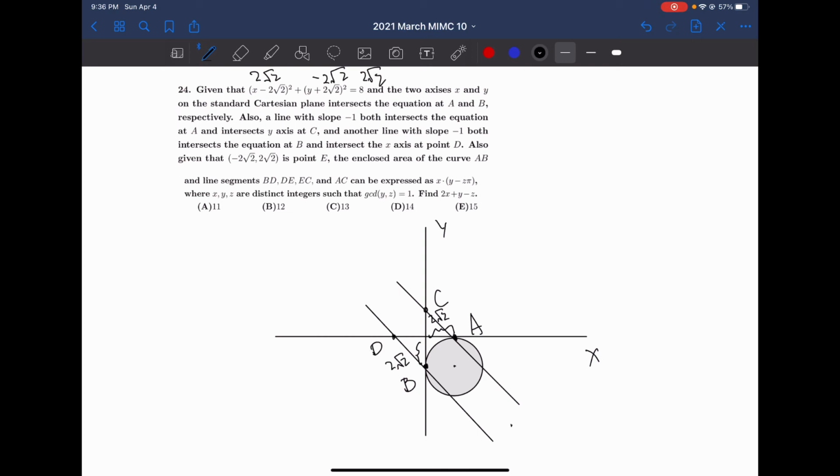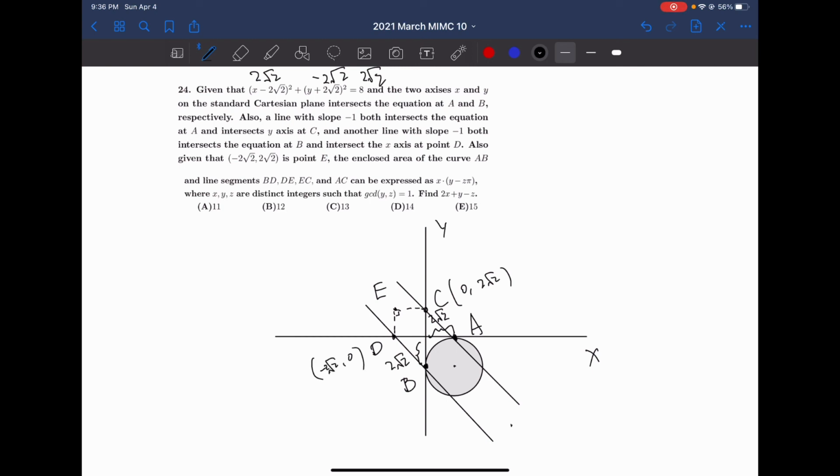So that's point D. And now, given that (-2√2, 2√2) is point E, that is actually a right angle, because this point is (0, 2√2), and this one is (-2√2, 0).